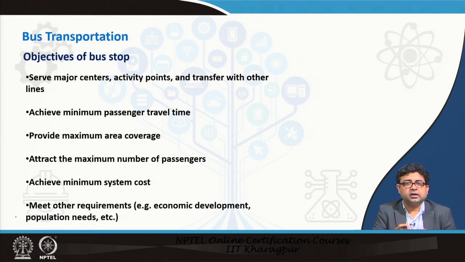So, all of this incurs cost. So, you also have to look at minimizing the system cost in locating where the bus stops should be, and also meet other requirements such as economic development, population needs, and so on and so forth. So, these are the overall objectives of locating a stop or a station along the public transportation line.